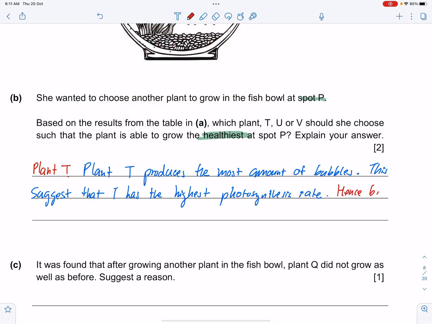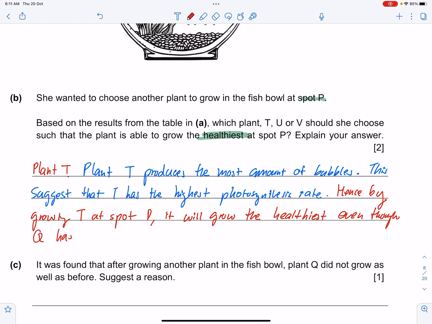Hence, by growing T at spot P, it will grow the healthiest even though Q has blocked off some light from plant T. Okay.